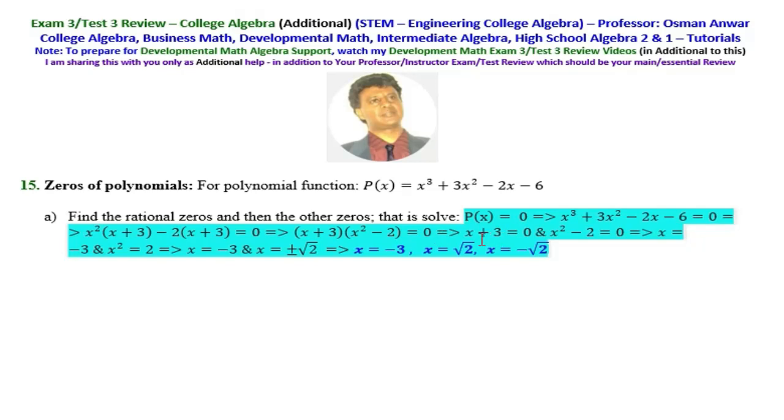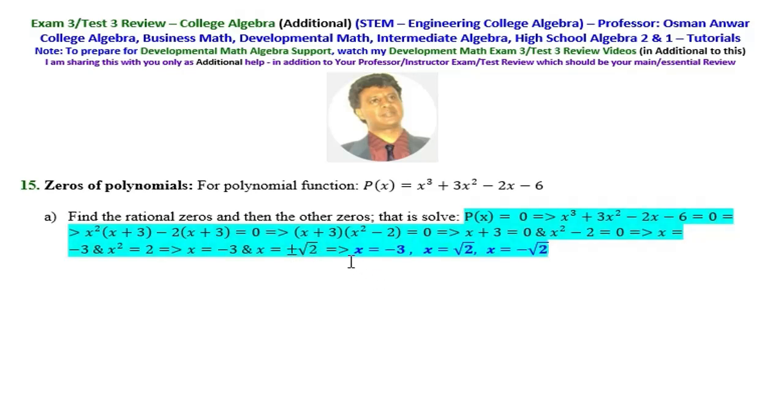That means x plus 3 equals 0, or x squared minus 2 equals 0. That is x equals minus 3, or x squared equals 2. That is x equals minus 3, or x equals plus or minus square root of 2.